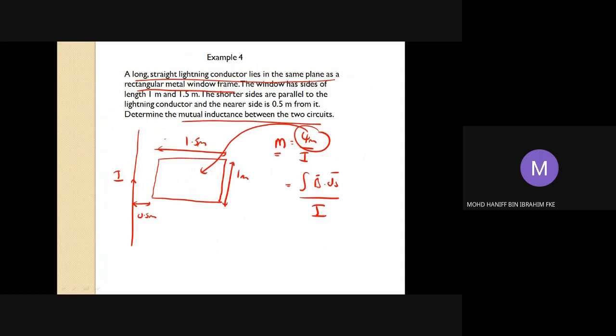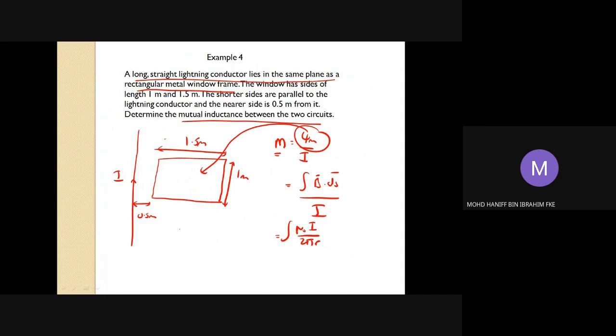You need to find B, the magnetic flux density. B is calculated from mu naught times H, and H will be I over 2 pi R, because this is based on a conductor. For a conductor carrying I, the H field produced is I over 2 pi R straight away.